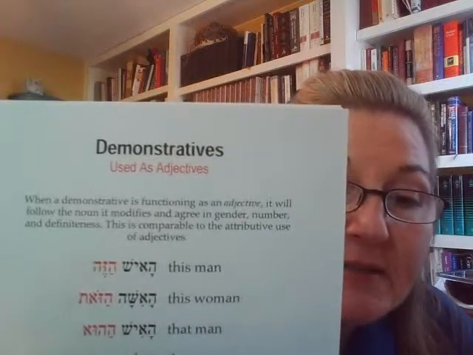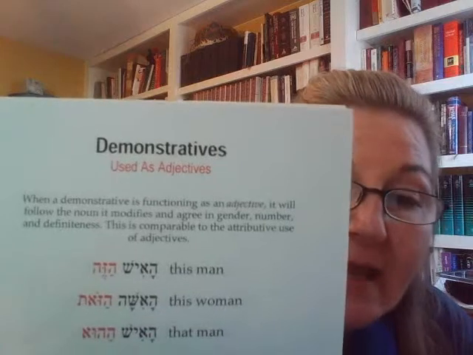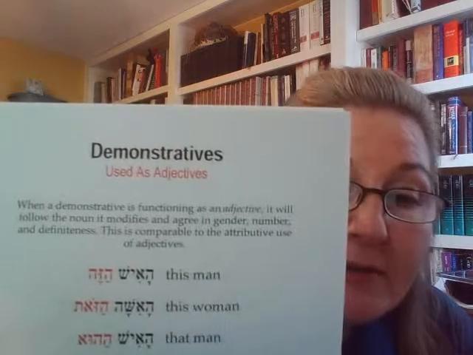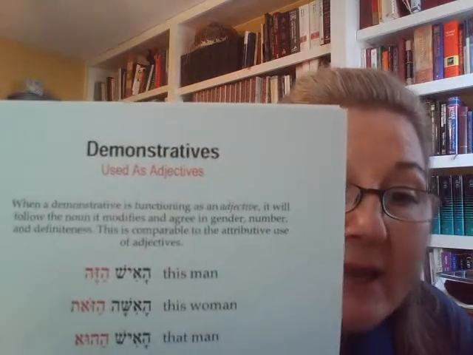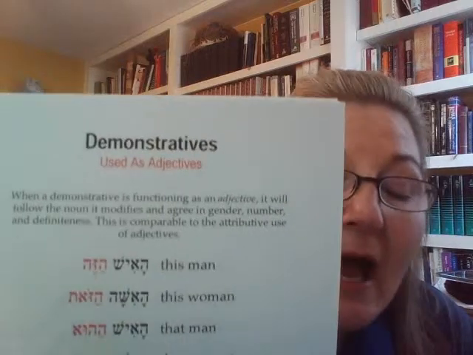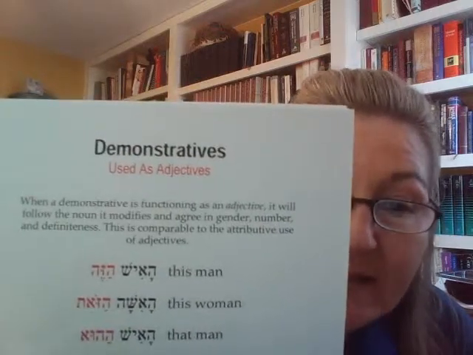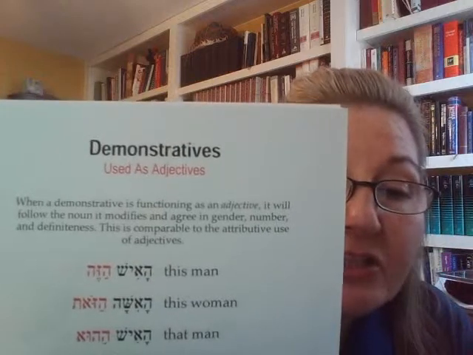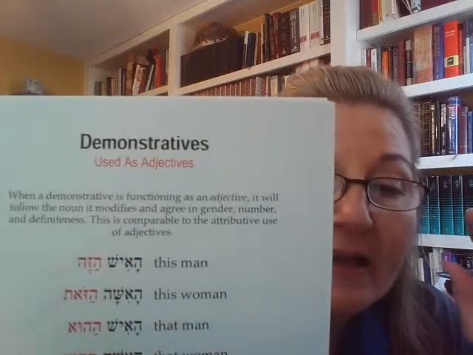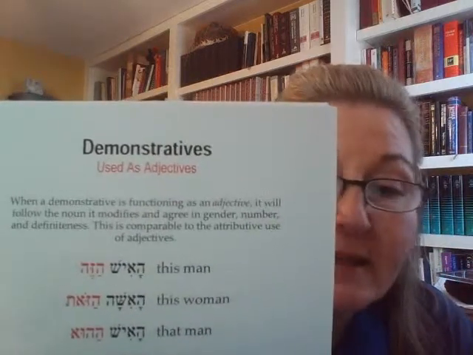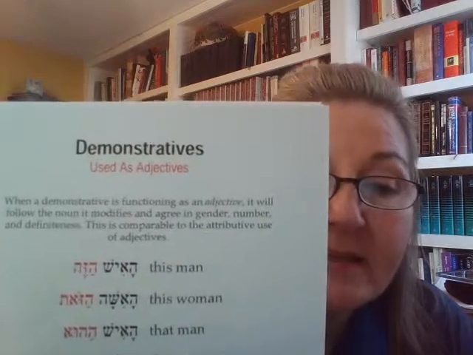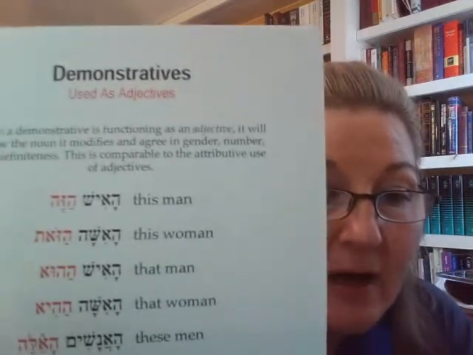This is going to be translated this man, even though the definite article appears in both the noun and the demonstrative. It's not translated. So ha-ish, hazah is not translated the man, the this. It's translated this man. Let's look at the next one here.